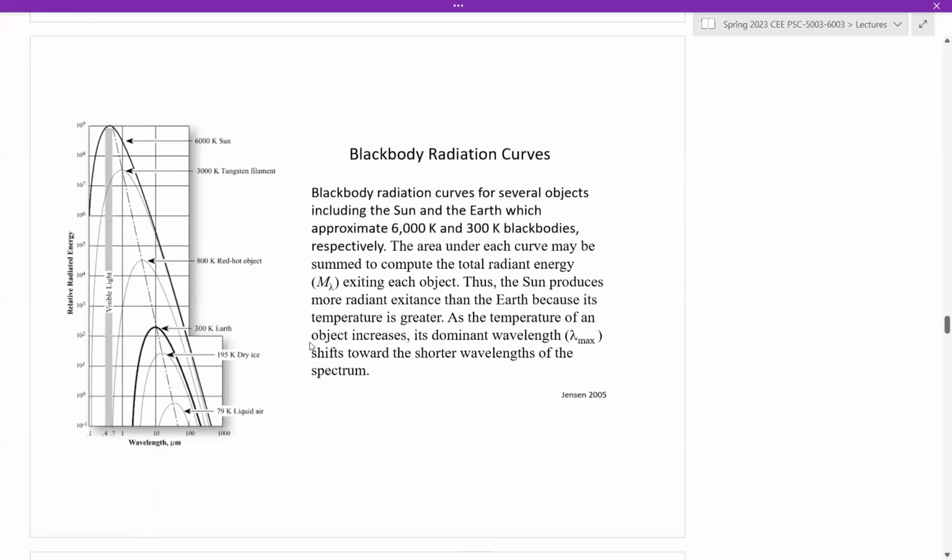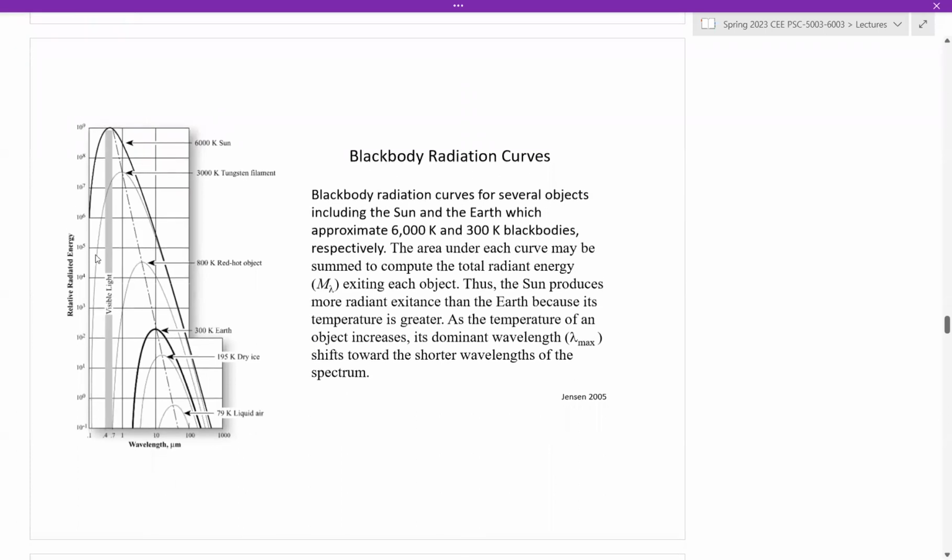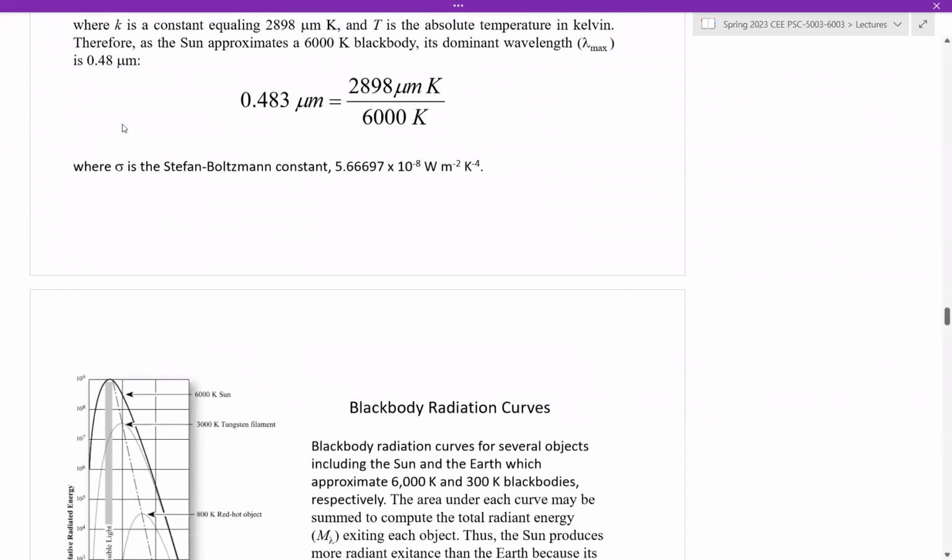So it's like this. This curve is cut short here, and this has a tail. We'll see that the sun has its maximum peak in which region? The blue region.